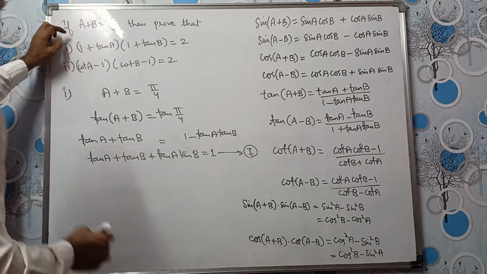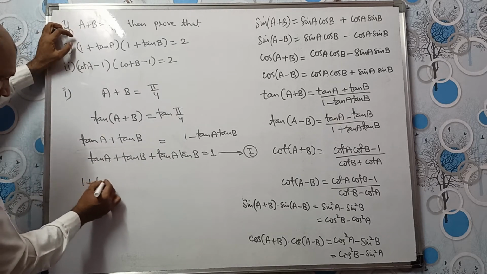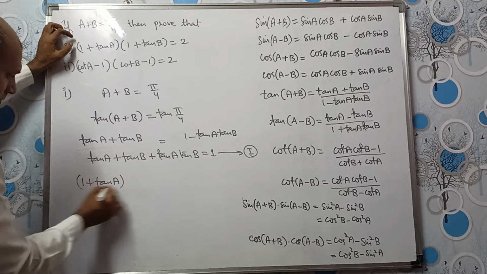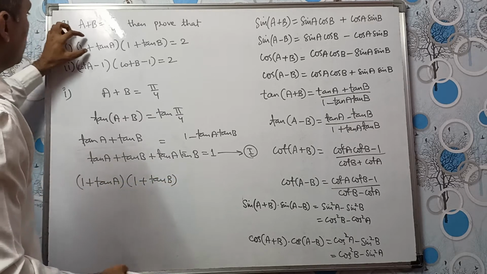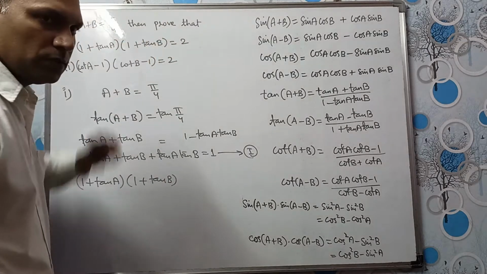See, let us take the first one. It is 1 plus tan A multiplied by 1 plus tan B. We need to prove that this multiplication is equal to 2.